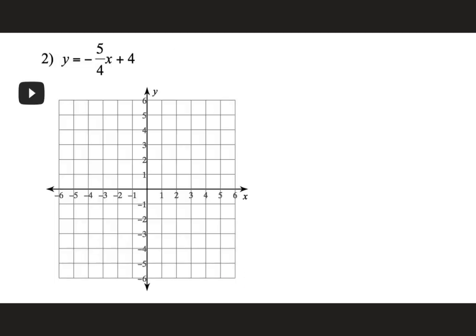All right, now here's a couple of the homework problems. So starting with number 2, we're going to graph this line. So starting with my y-intercept, which is (0, 4), I'm going to plot that. And then from there, I'm going to use my slope, which is -5 over 4, which means we're going to go down 5 and then right 4.